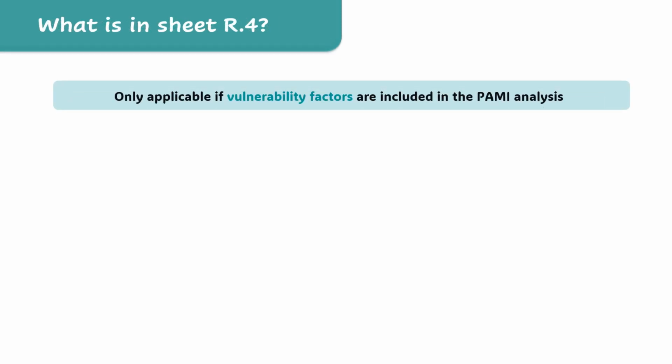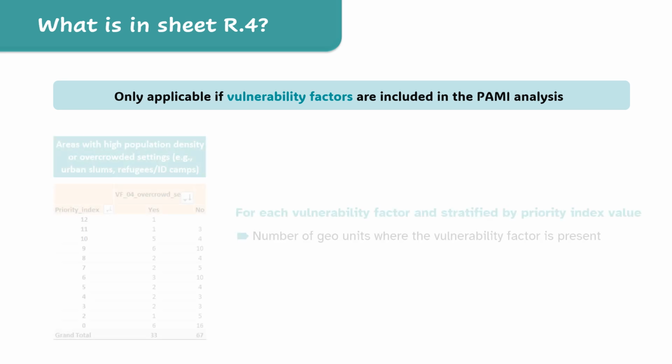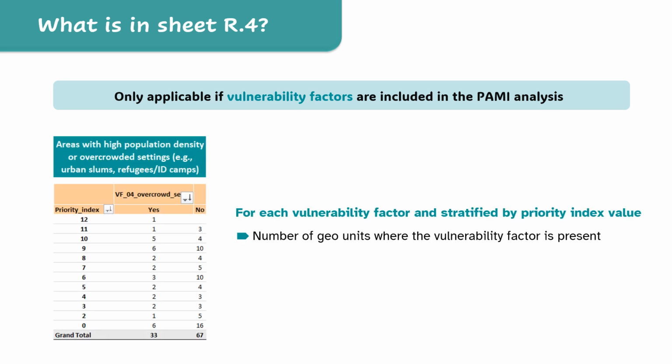Sheet R4, Additional Factors Tables, is only applicable if vulnerability factors are included in your PAMI analysis. This is optional. If vulnerability factors are included in your PAMI analysis, in Sheet R4, you will find summary figures on the number of geographic units where each vulnerability factor is present, depending on the priority index value of the geographic units.